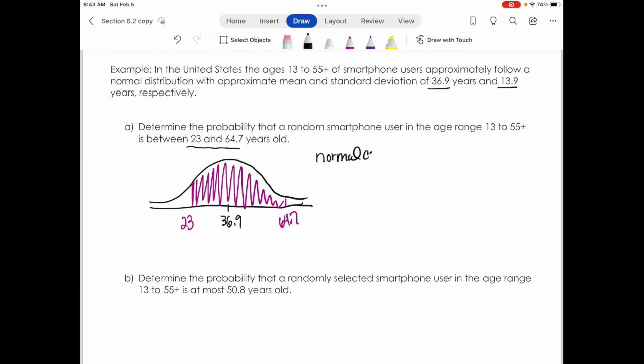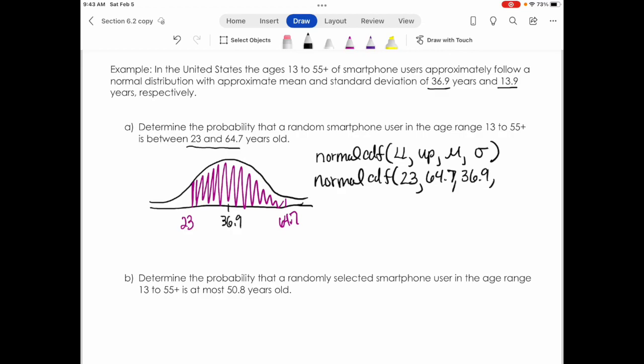Using the calculator, we're going to use the normal CDF function, and you'll always put in the lower limit, then the upper limit, then the mean, and the standard deviation. So for us, we're going to put in our lower limit, which is 23. Upper limit is 64.7.